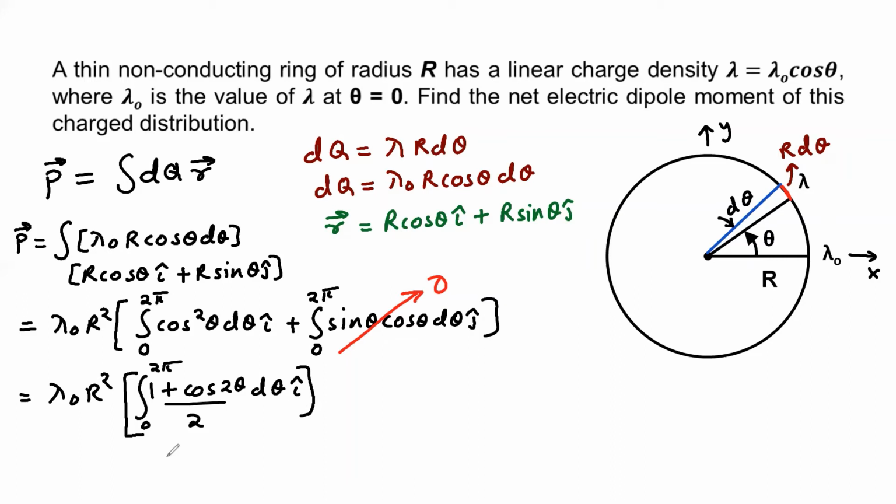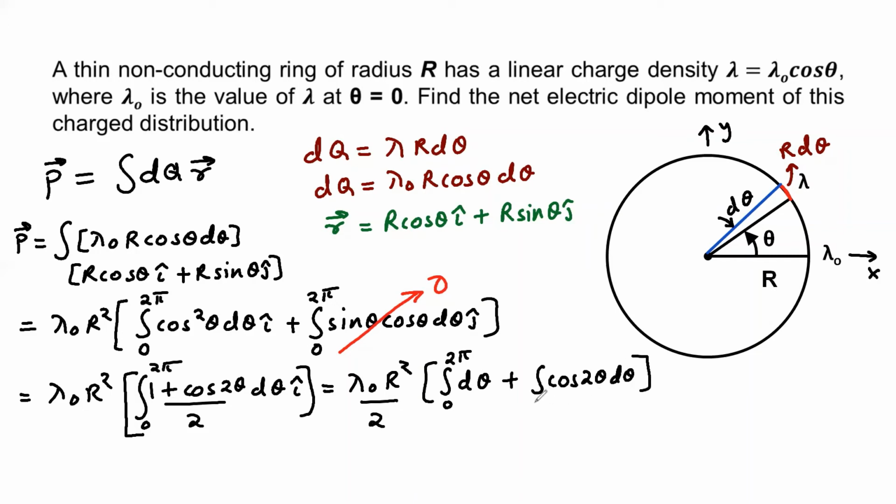And again, when you split these terms, you can take this 2 outside, lambda naught r square by 2. You'll get integral d theta from 0 to 2 pi plus integral cos 2 theta d theta, again from 0 to 2 pi.